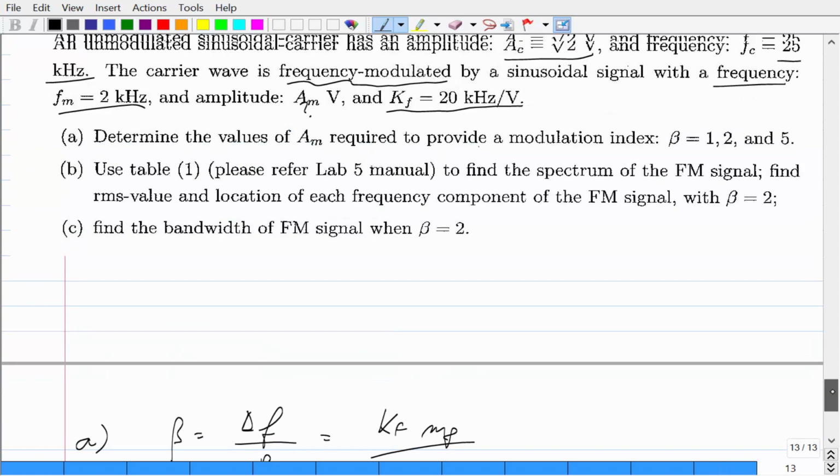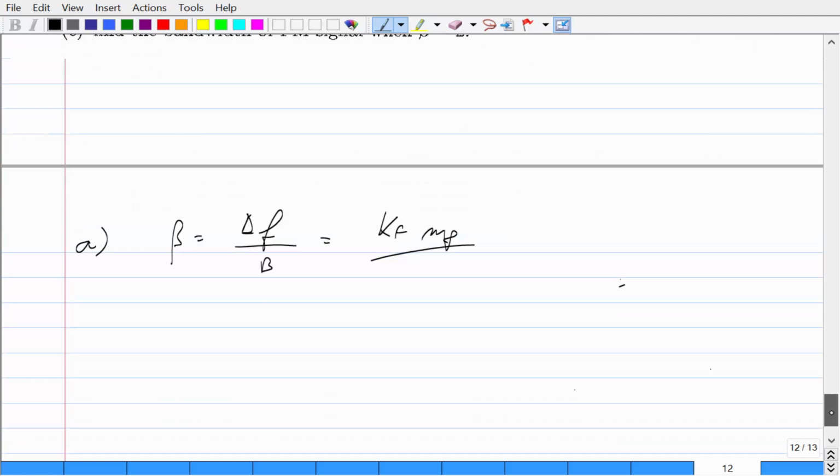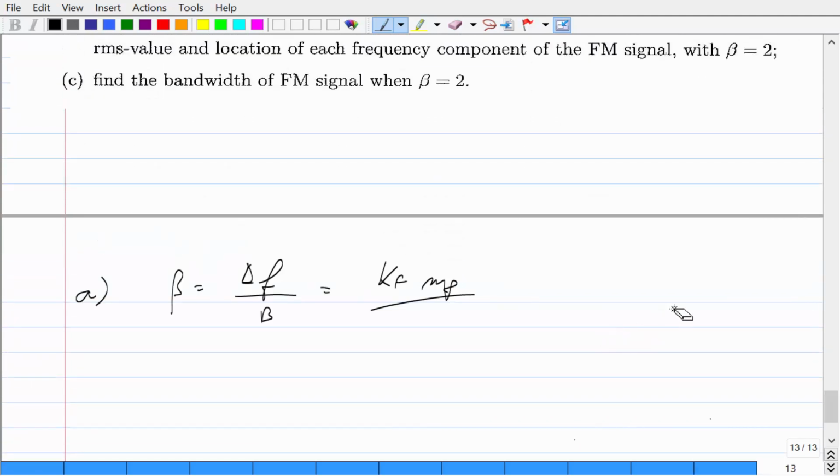This is already in hertz, so you don't need to divide by 2 pi.